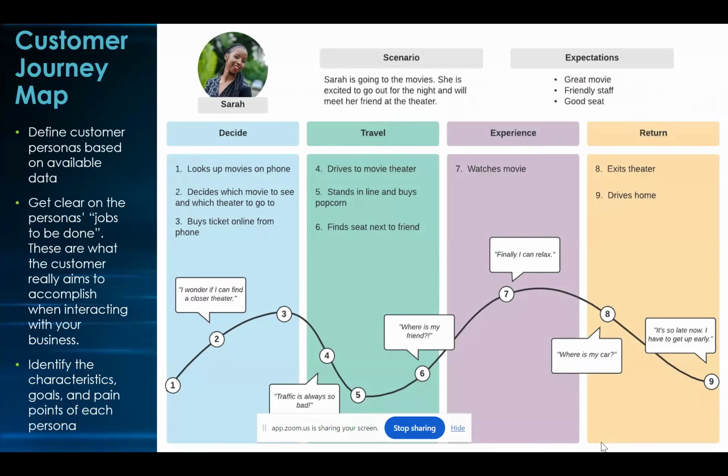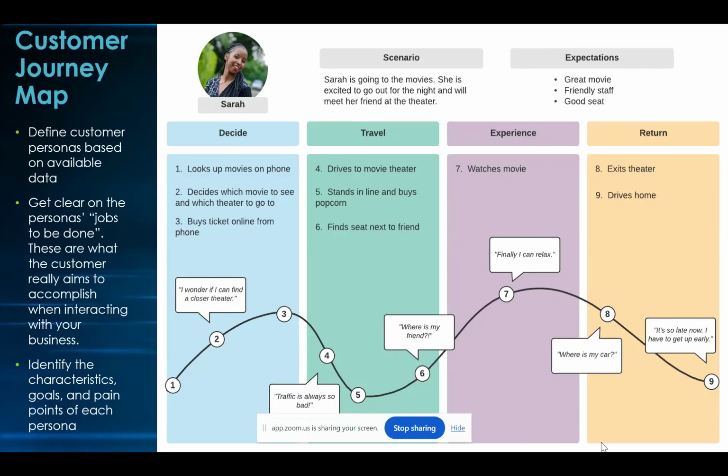So, for example, this business is probably a movie company, maybe the Odeon, or IMAX, one of these companies that own movie theaters. So whatever persona you have created has to interact with the touch points of the organization and the service that the organization provides.